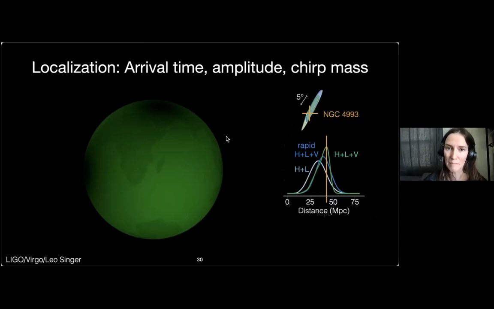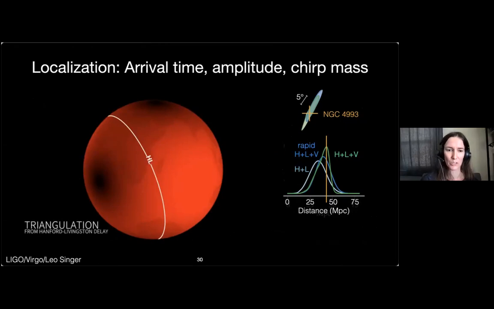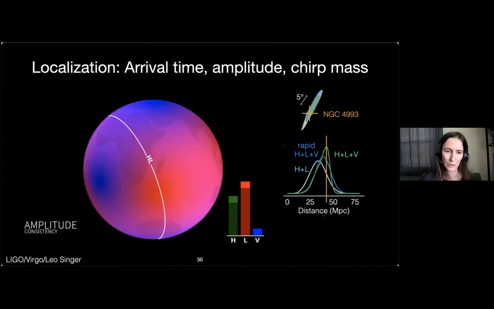So just from the detector response, though, and the arrival time of the signals, you can start to see how a network of gravitational wave detectors localizes the signal. This is a combination of amplitude consistency and arrival time triangulation between the signals recorded in multiple detectors.